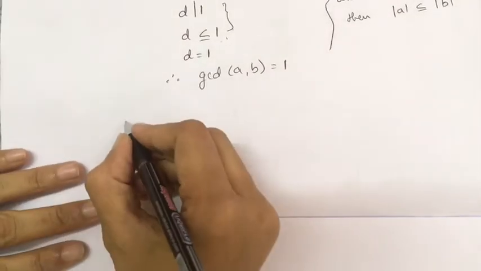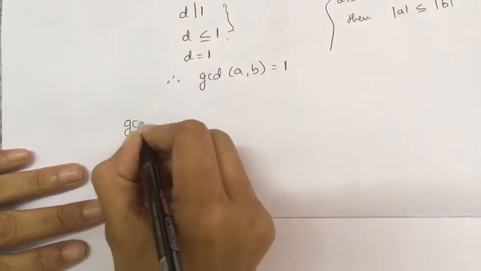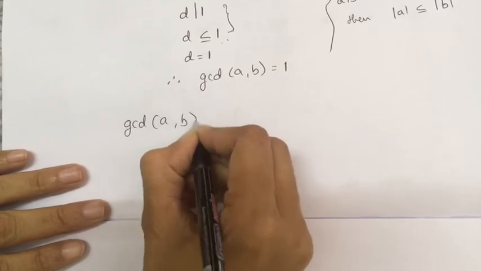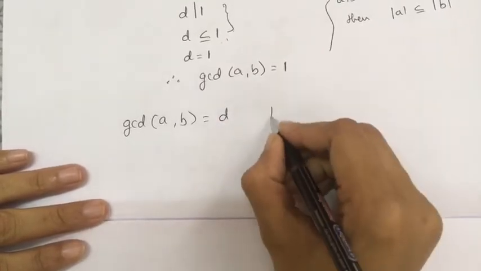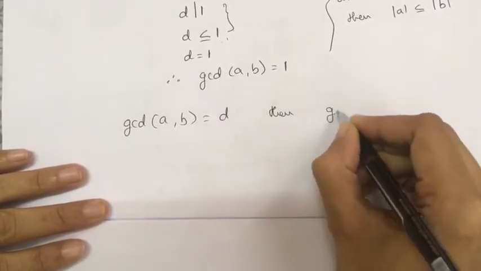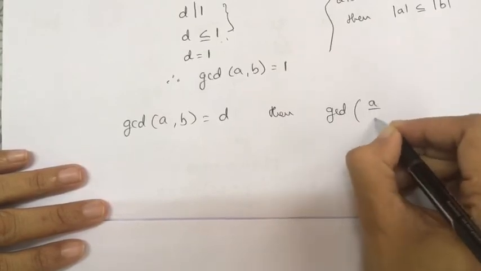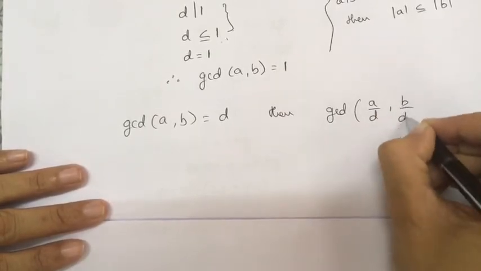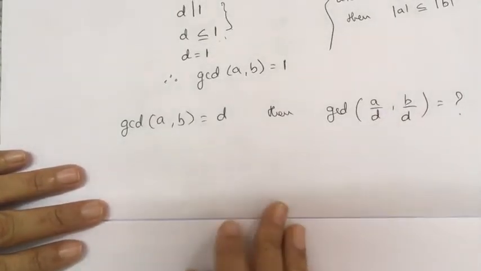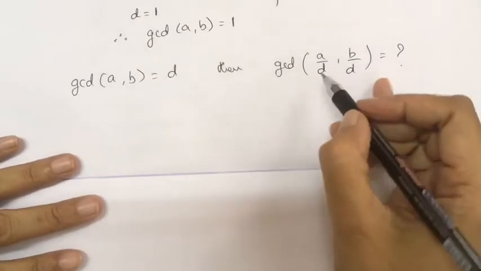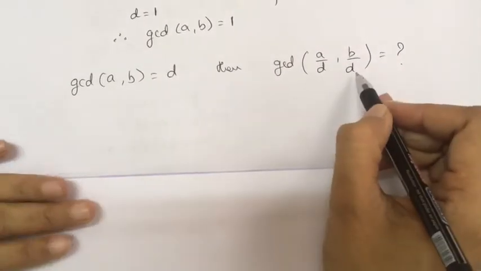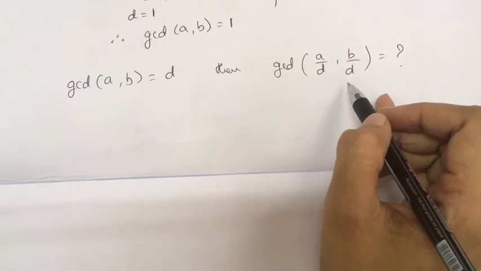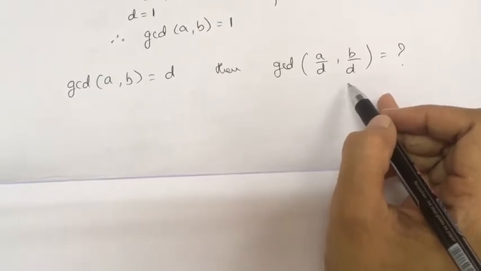Now, suppose I have GCD of A and B as D. Then what happens to GCD of A by D and B by D? We can observe that A by D and B by D look like fractions, right?